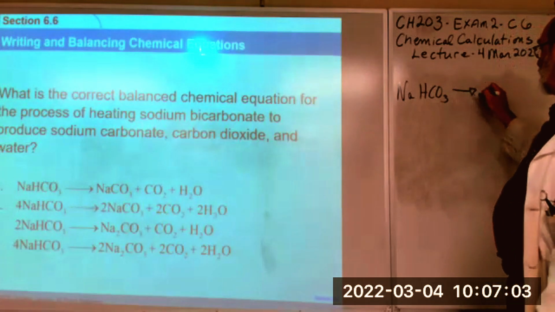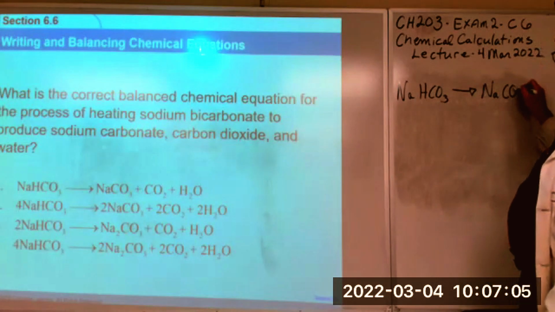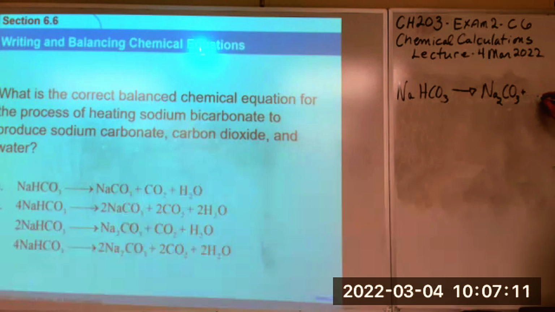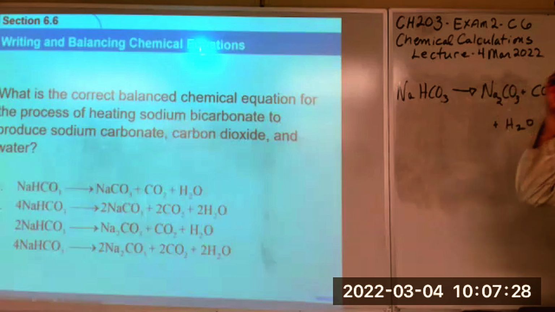And we heat it, and we make sodium carbonate, right, which has 2, and carbon dioxide, and water. It's going to be kind of hard to set up my budget with this one because I squirreled around. But if you work enough of these, some of them you can do without the budget.